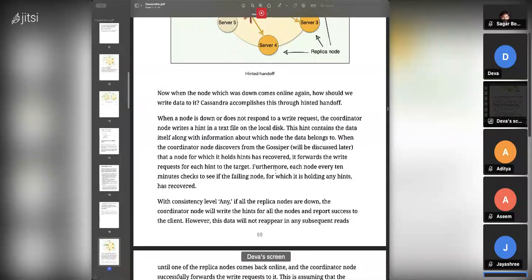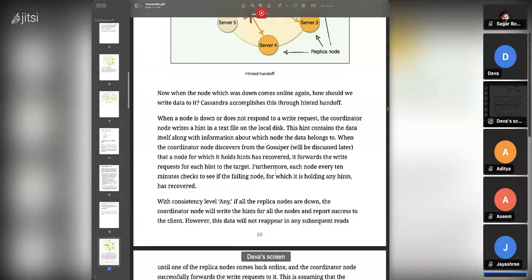So when a coordinator node discovers from the gossiper that a node for which it holds hints has recovered, it forwards that write request for each hint to the target. Furthermore, every 10 minutes each node checks to see if the failing node for which it holds any hints has recovered.